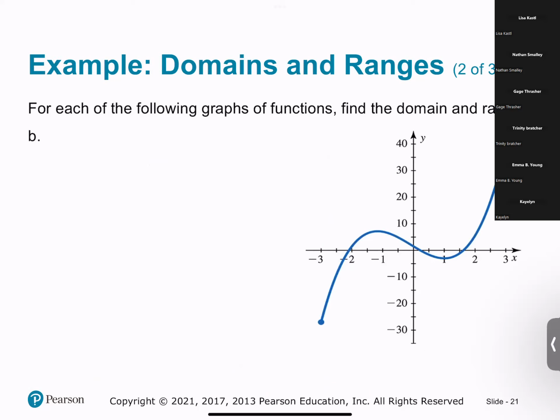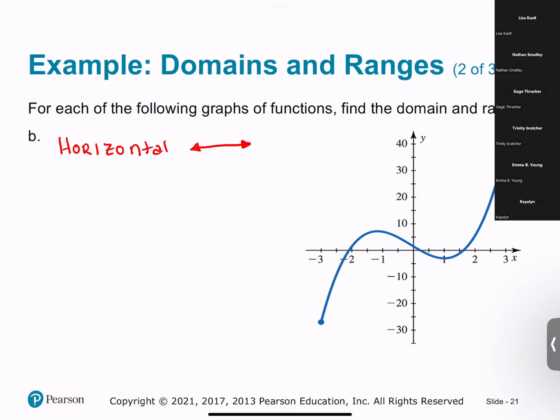Okay, what's the domain and range here? Now, I don't have just specific discrete points plotted. I actually have a nice smooth curve, very pretty curve. But I can see in both the horizontal direction and the vertical direction where this graph starts and where it ends. So if I look in the horizontal direction, horizontal meaning this way, that is horizontal.